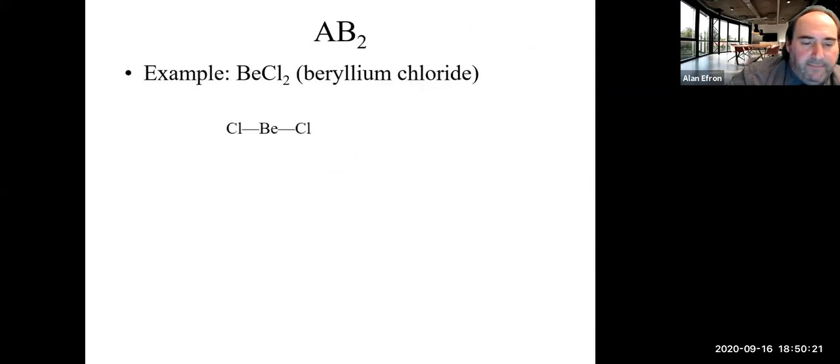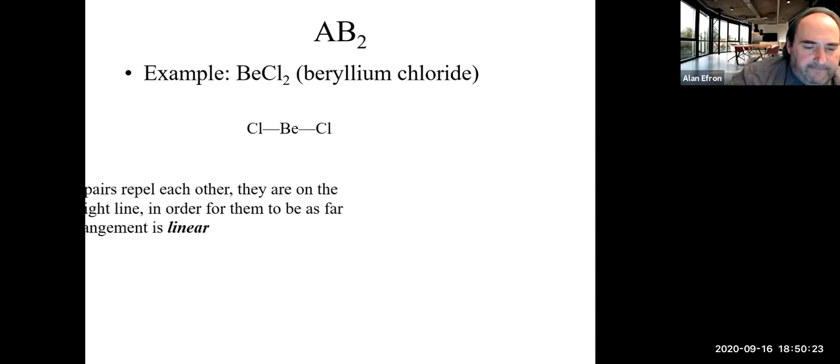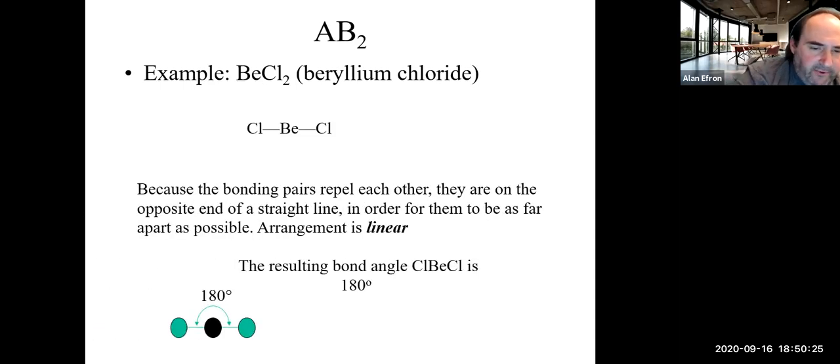So let's talk about those. Let's take a look at the first example. This is beryllium chloride. Beryllium chloride is an exception to the octet rule, but what we want to do here is look at the central atom, and it has one electron pair, two electron pairs. It also has one bond and two bonds.